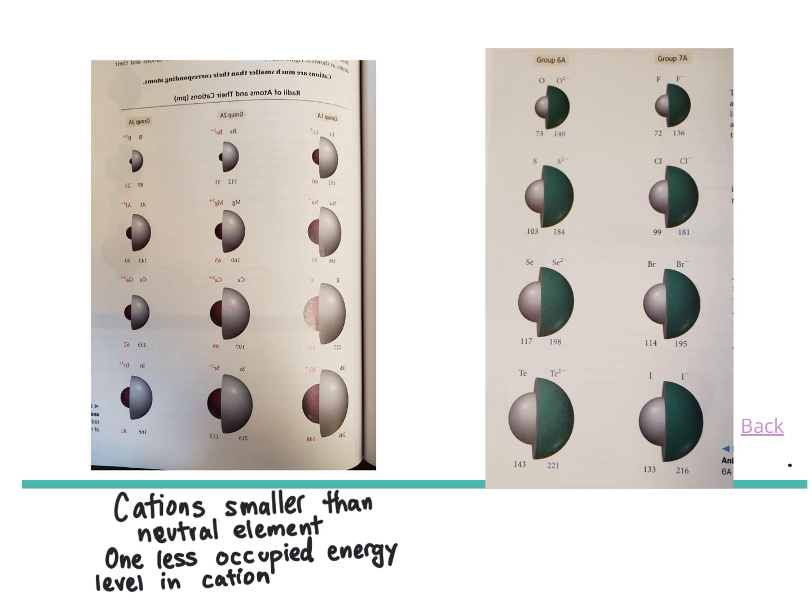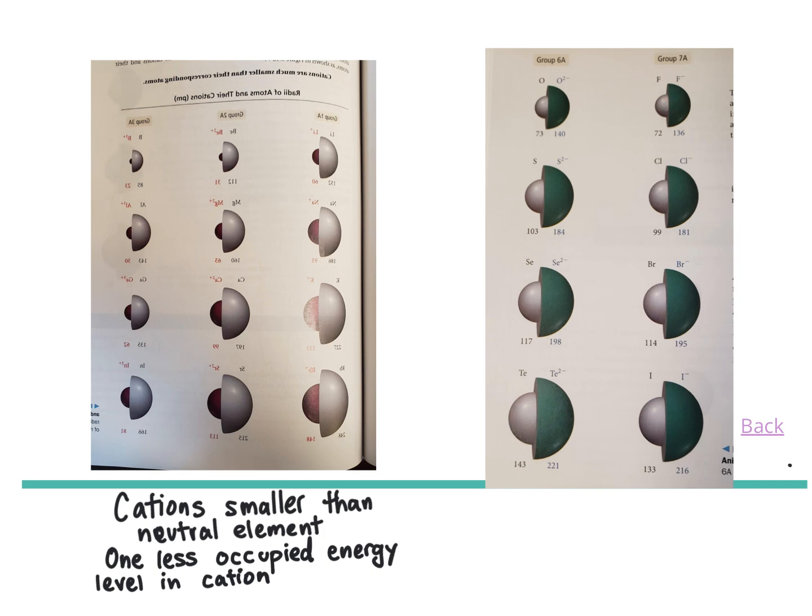The electrons are not in a higher occupied energy level, but we have crammed more electrons into the same amount of space as before. We've added electrons without adding any more positive charge to pull them in tighter. So we've really only increased the repulsion between electrons in the electron shells. And when we have more repulsion, those electrons push each other farther apart, and that causes the atom to take up more space.